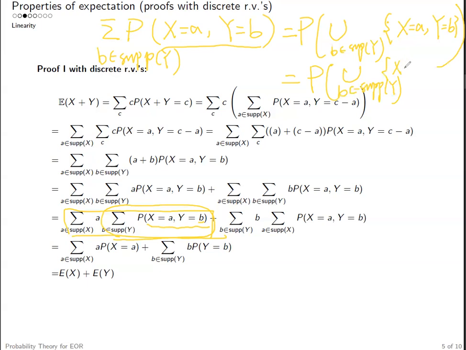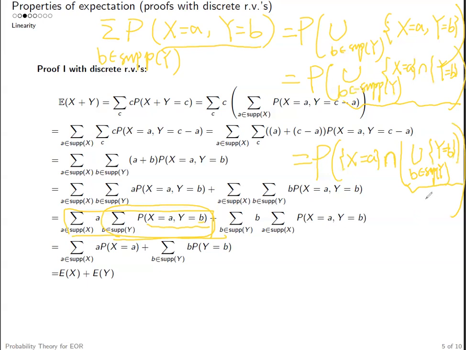So it's a joint event, X equal to A intersect Y equal to B. It's essentially gonna be the event X equal to A intersect with the union, over B going through all the support of Y, of the event Y equal to B. Look at here, this union is essentially the sample space.